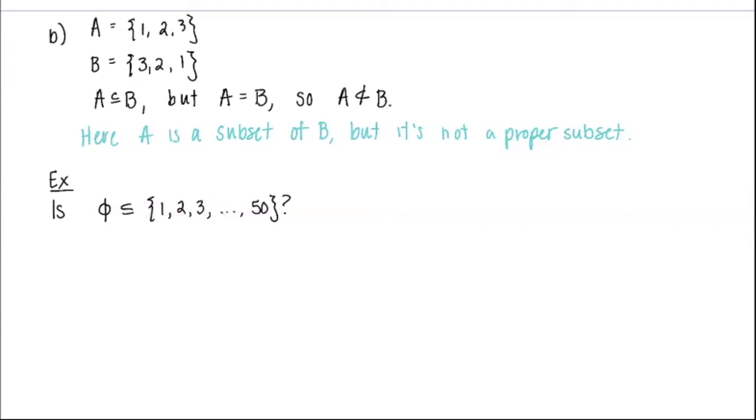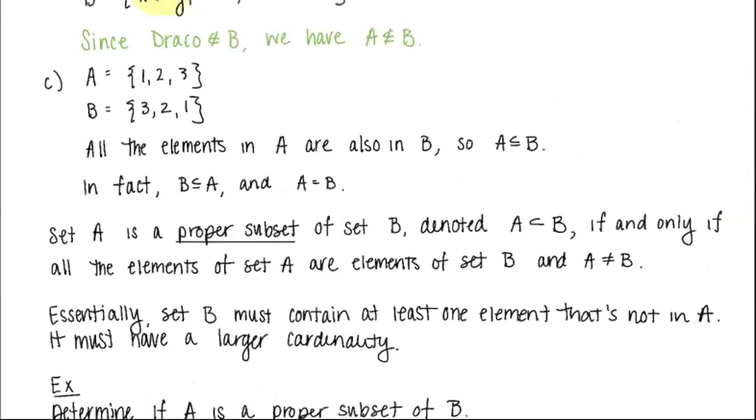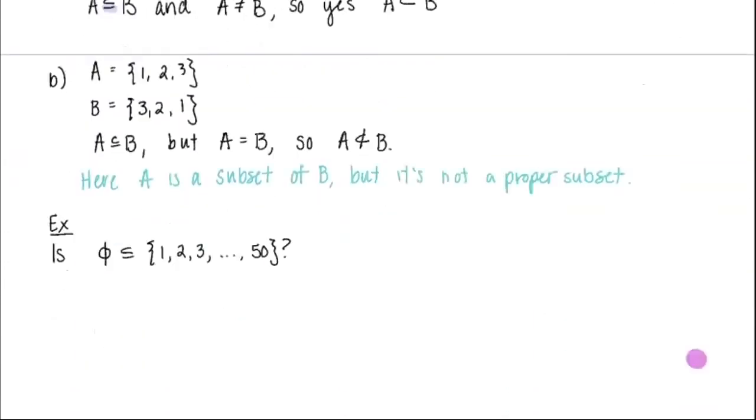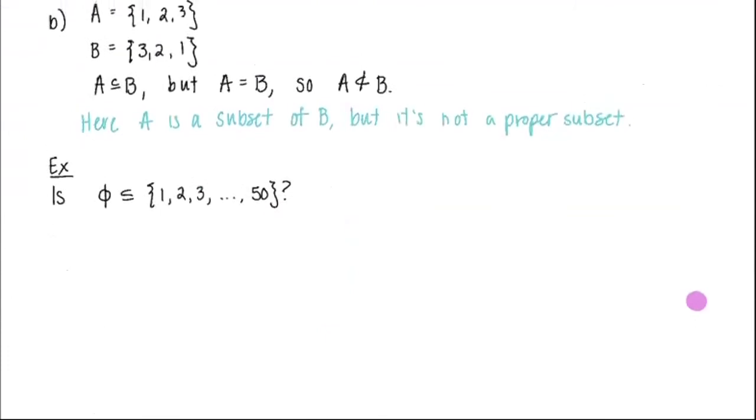Okay. So in this case, we're going to actually think of this in the opposite way. Go back up here. This is not a subset of B because I found an element in A that was not in set B. So if they're not subsets, I should be able to find something in the smaller one that's not in the bigger one. But I can't do that with the empty set because there's nothing.